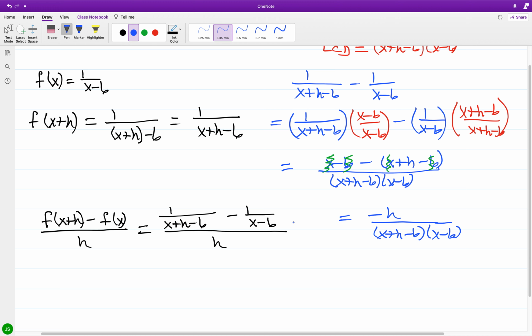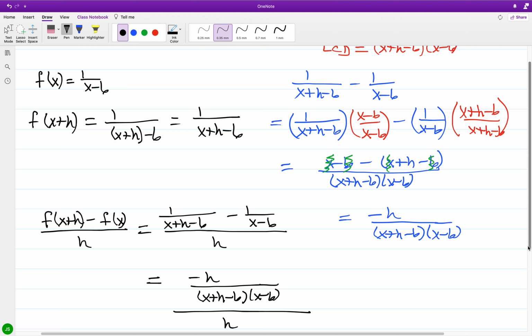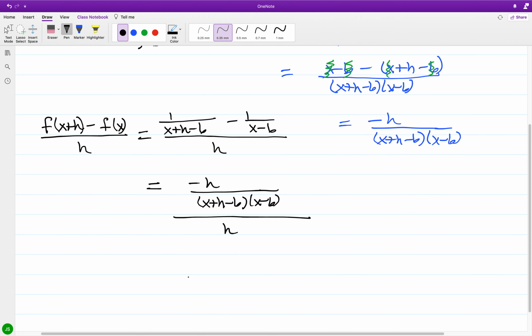And so just taking what we have here, so we have this difference combined, and we have a division by h. And dividing by h will be the same as multiplying by the reciprocal of h.